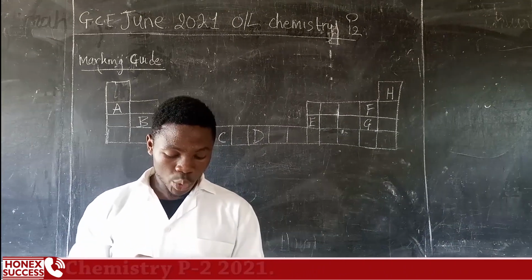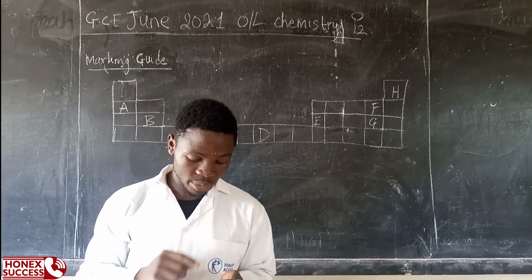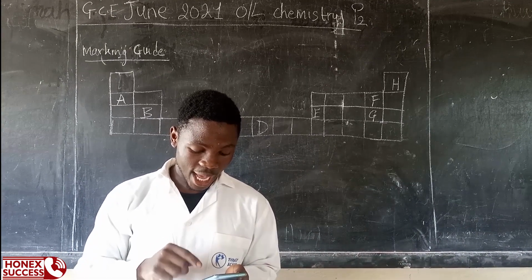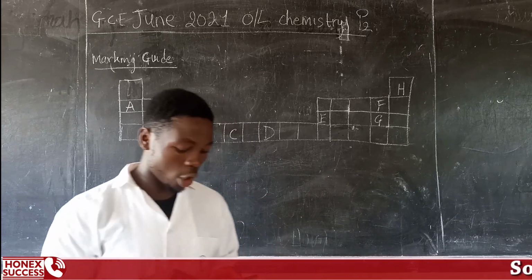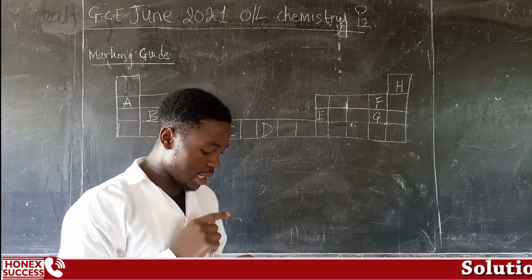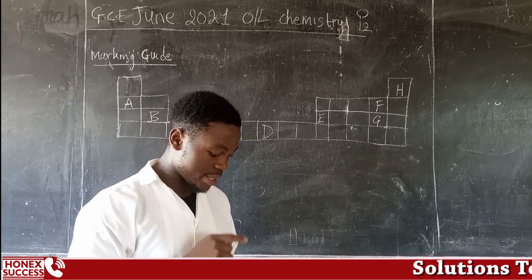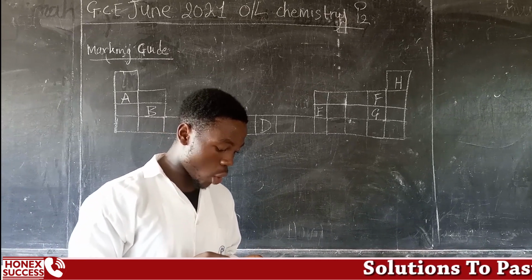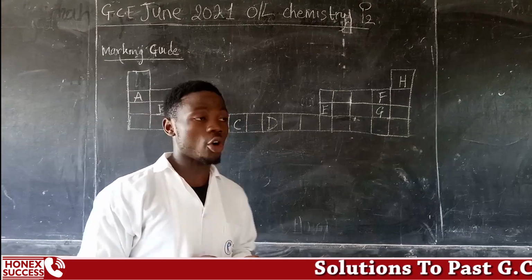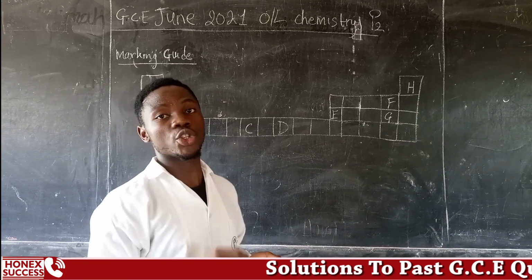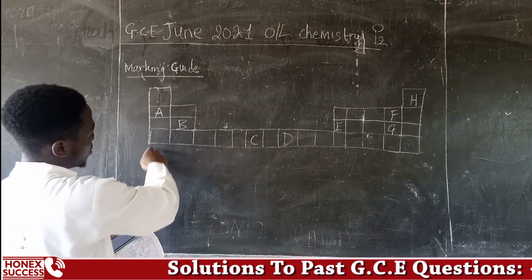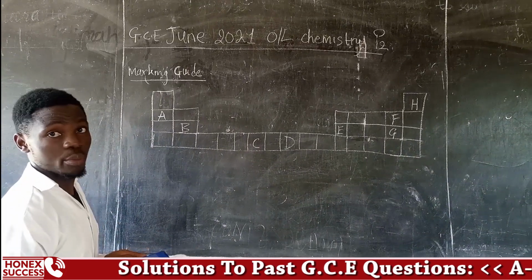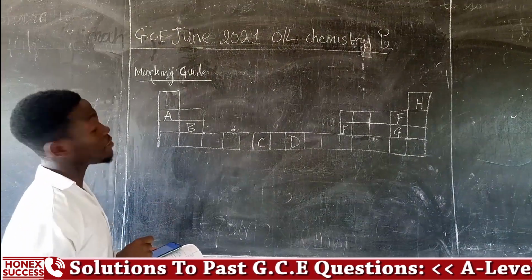So our first question, A, using the letters from the table, select an element that is stored in paraffin oil. The first thing we must know is that all group 1 elements are stored in paraffin oil.